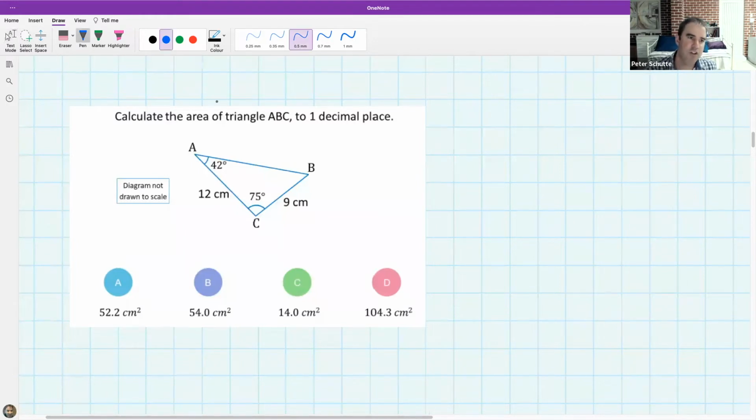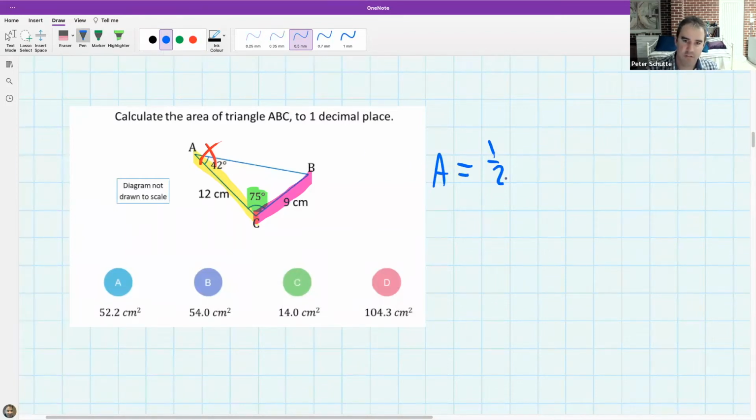Ask yourself, which sides are involved? I think this one would be involved. I think this one would be involved. And the key step is to figure out that it's this angle that you need. You ignore this angle up here. It's not relevant.